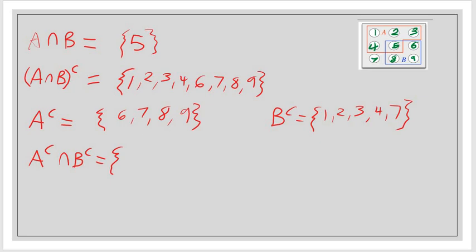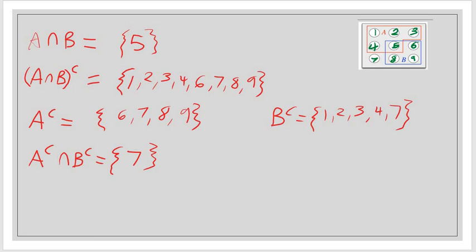I don't find 1, 2, 3, or 4 in A complement. The only thing they have in common is 7, and so I get the set containing 7, and only that as the intersection of these. Now that doesn't look anything like the complement of the intersection, does it? So there's no nice rule there.